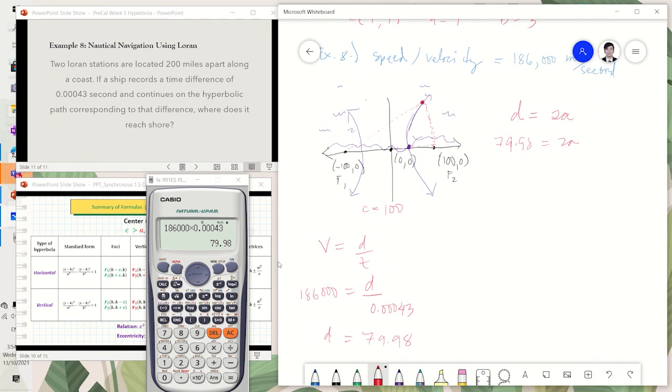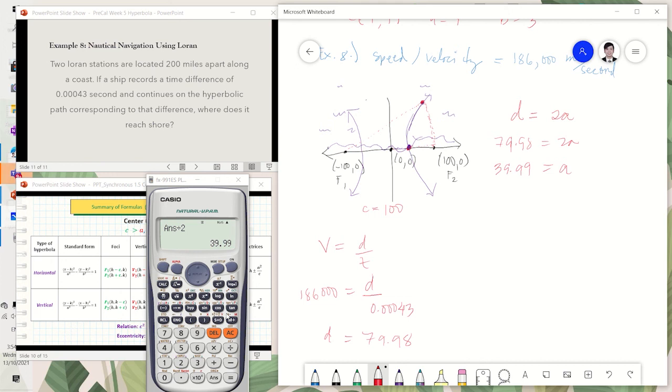If the distance is 79.98, we just have to substitute it here. Take note that it's just equal to 2a. So divide both sides by 2: 79.98 divided by 2. You will get 39.99. That means the specific location of our ship in which it will land on the shore would be our vertex.